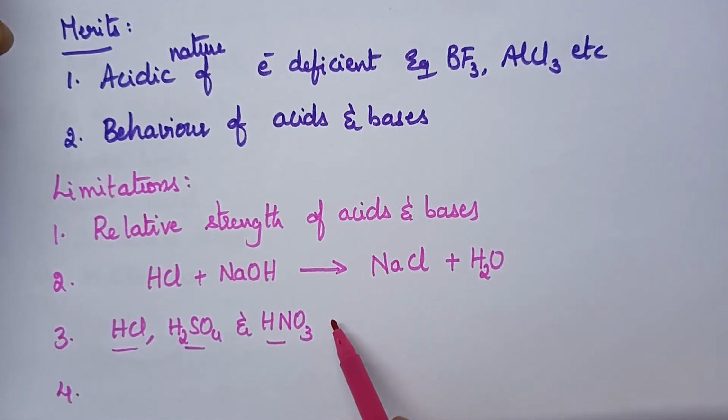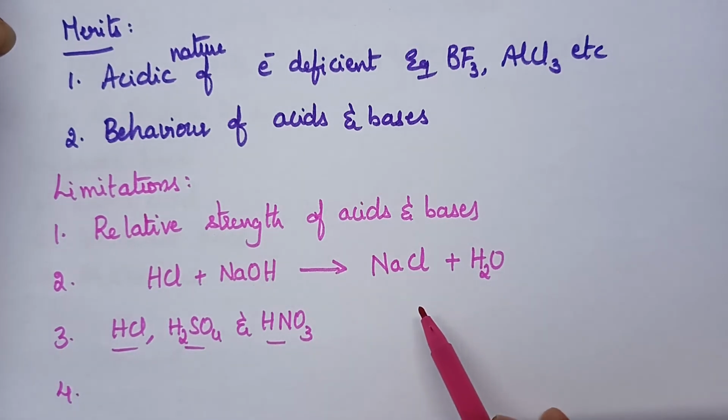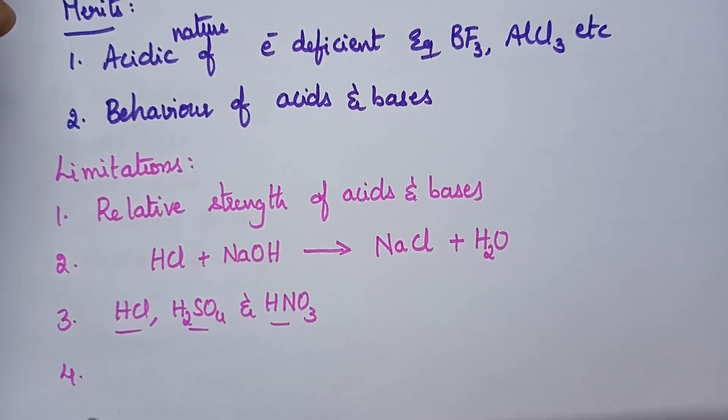So, according to Lewis theory, what is meant by an acid? An acid is an electron deficient compound and it is capable of forming a coordination covalent bond. Coming to the speed of the acid-base reaction, generally acid-base reactions are very fast.